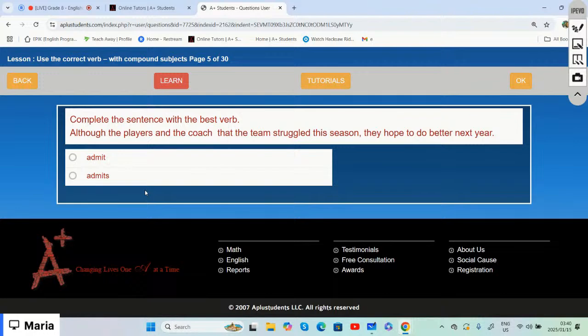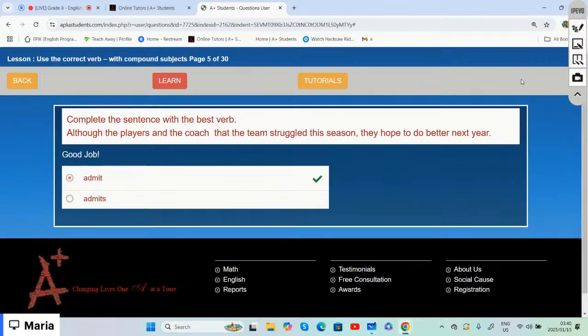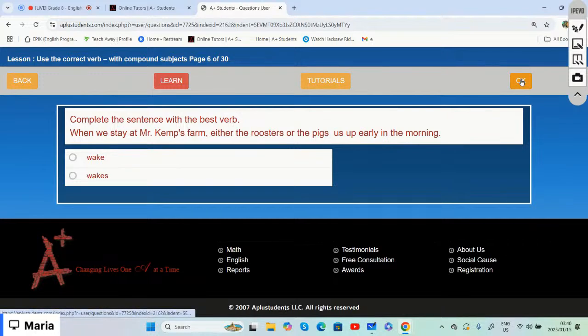And if we were to choose the correct option, it says they admit, because it's more than one person, not just one person. If it's one person, we would have said admits. But anything that is two or more people, that is why we have the coordinating conjunction. And it refers to more than one person, and then it needs to be plural.